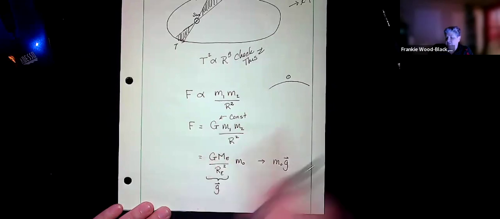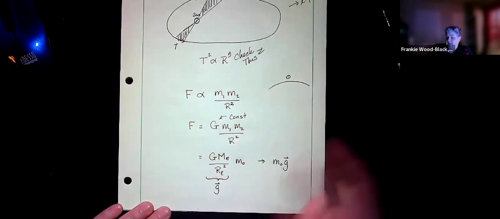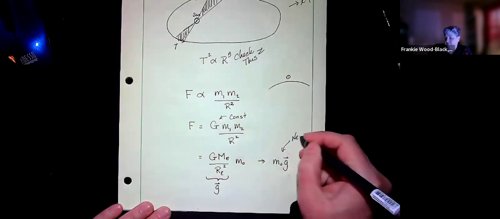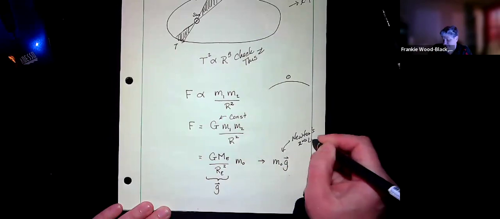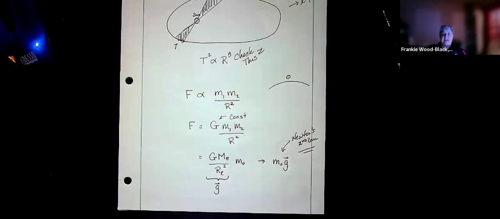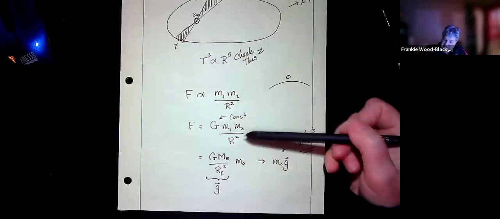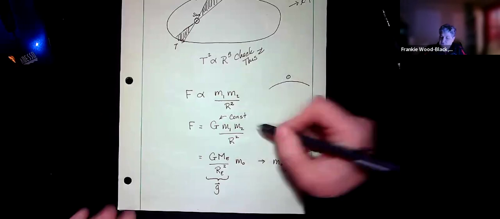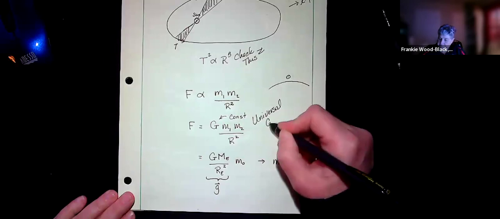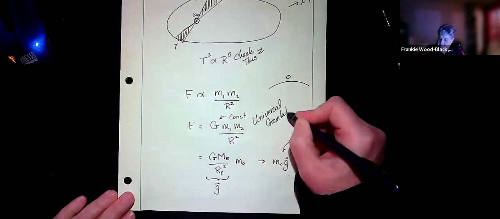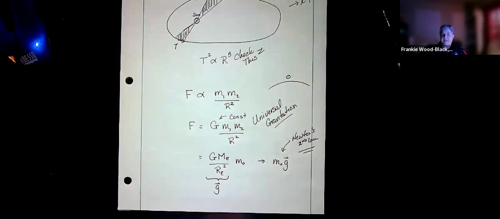If I'm sitting on top of the Earth, that becomes a constant, and I get Newton's second law again. So we can come out of Newton's law of universal gravitation and get Newton's second law as well.